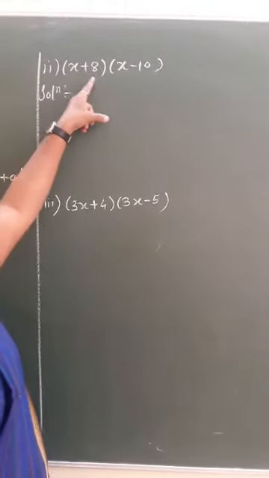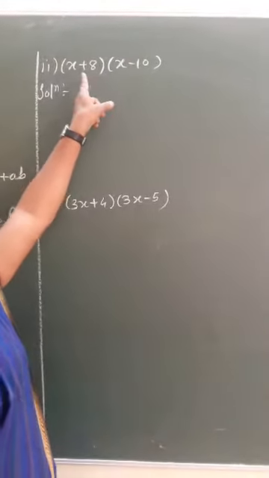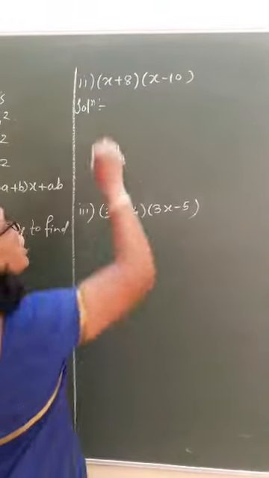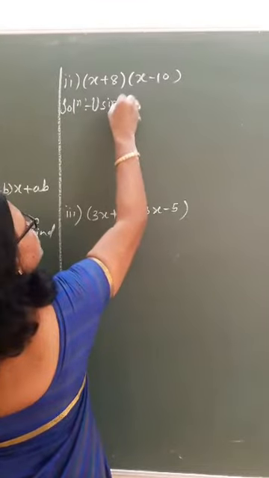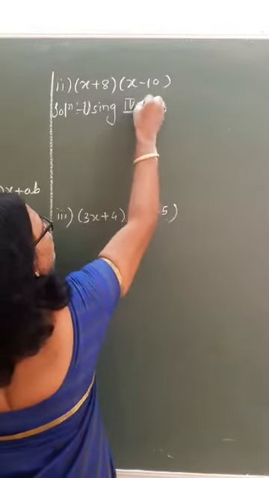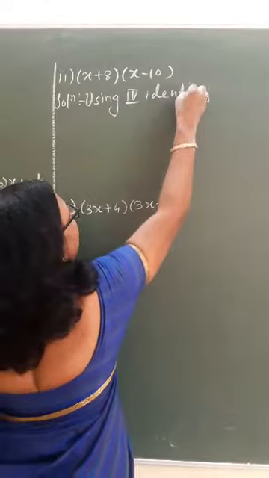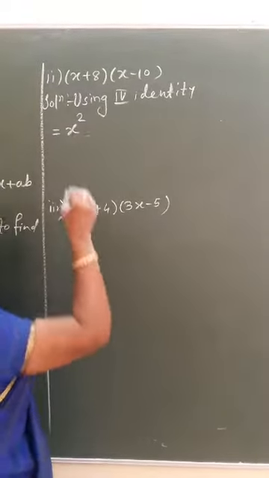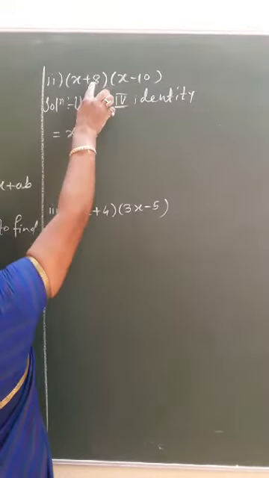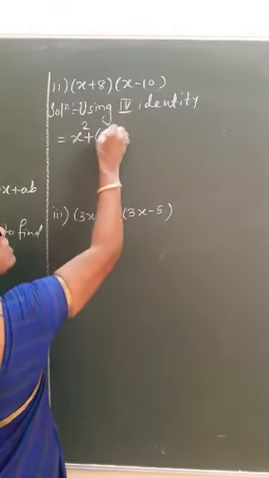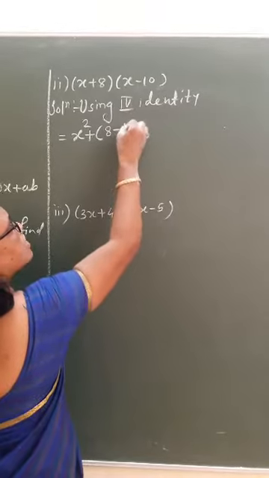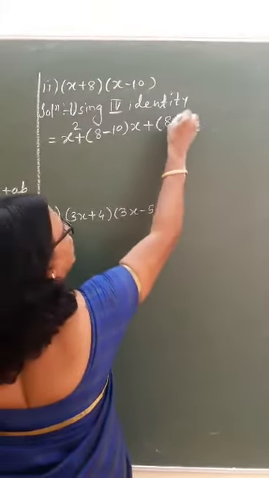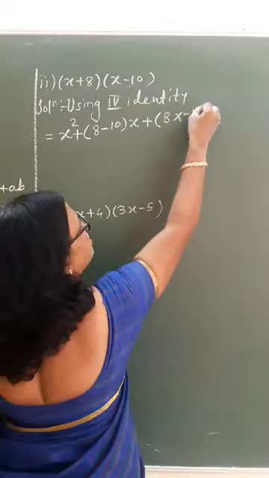Second problem, x plus 8, x minus 10. Again, are you finding the first term is the same and the second term is different? Again here we will use the fourth identity. That is first term square plus, here we write 8 plus minus 10, into x, plus 8 into minus 10.